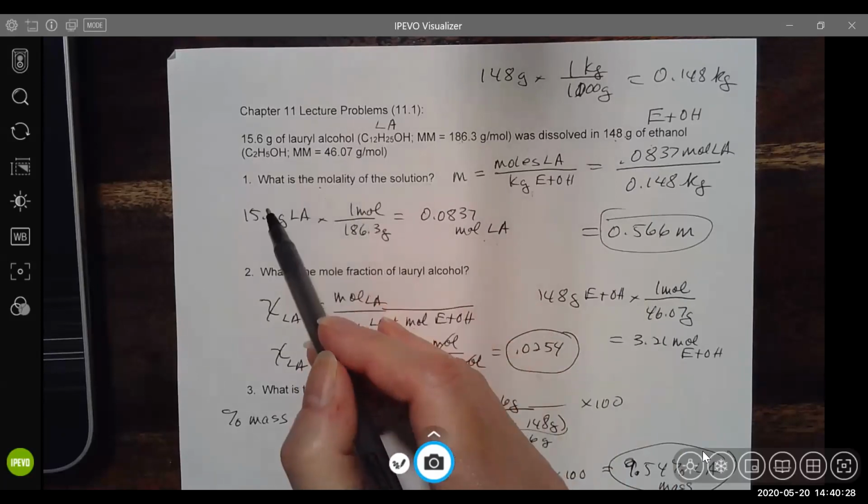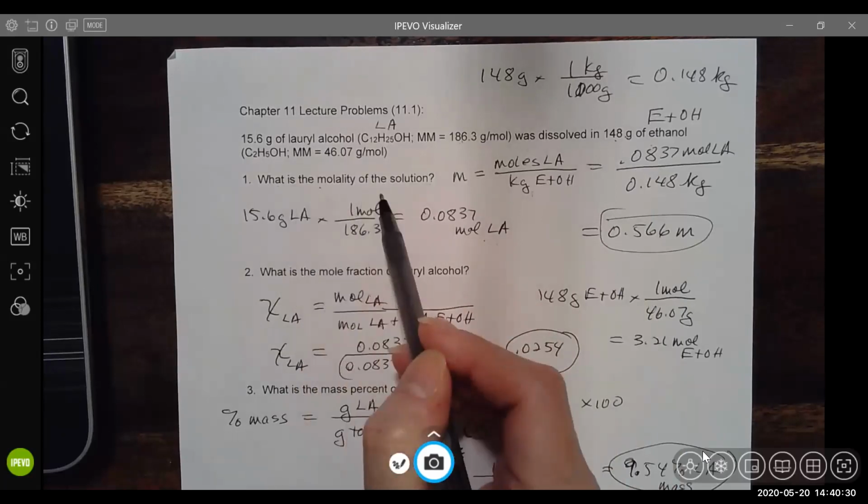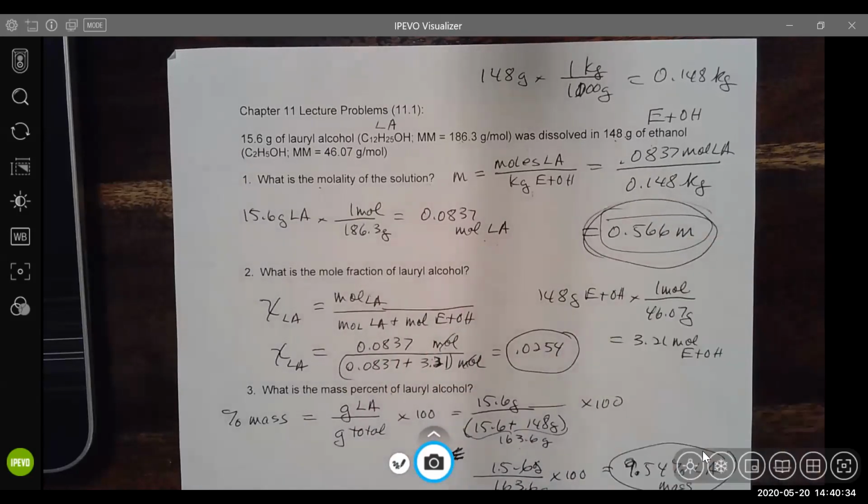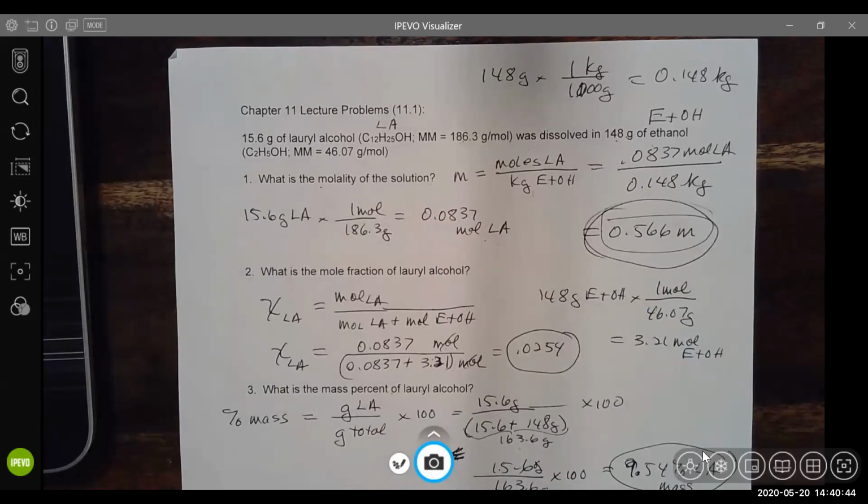In question 1, we calculated the molality of the solution, and that's going to be important because we're going to do one of these delta T calculations, and they have molality in them. So keep in mind that 0.566 molal.